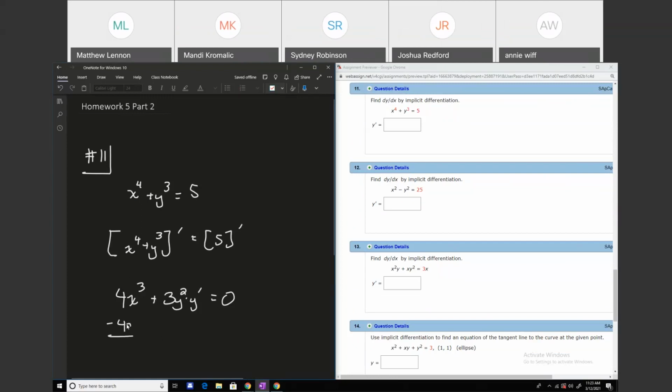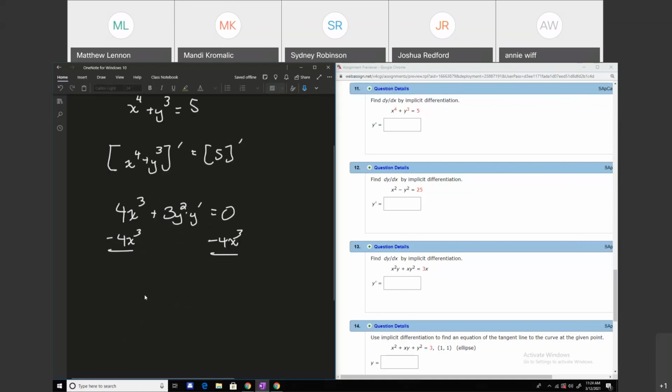Then you just need to solve for y prime. So we're going to subtract 4x cubed on both sides. So we have 3y squared y prime equals minus 4x cubed, and then divide by 3y squared, and we are all finished.